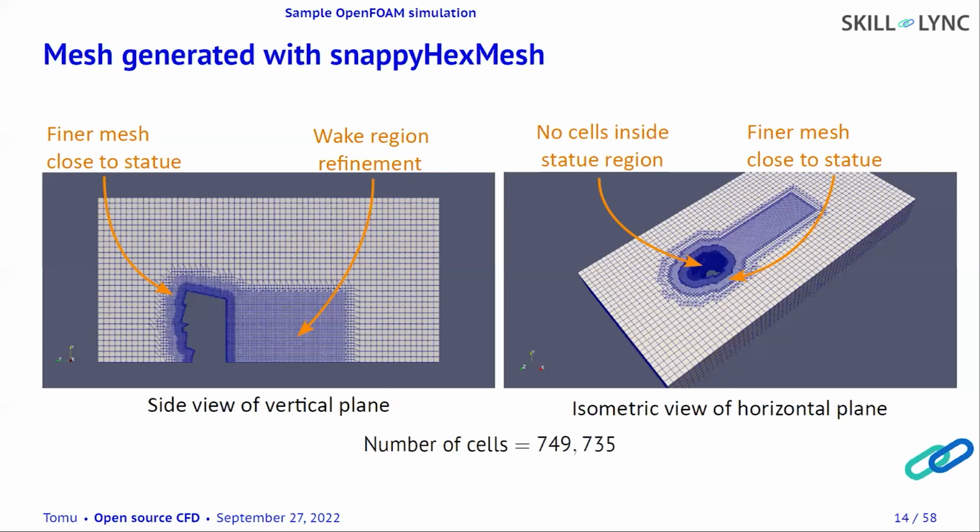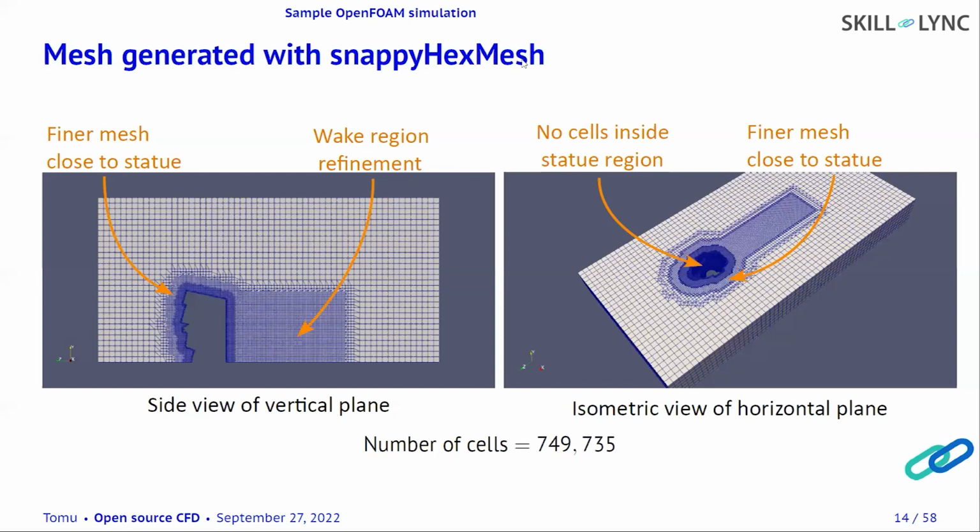The wake region is the region behind the statue, which is one of the most interesting regions of interest in a CFD simulation or a flow simulation. The number of cells here is 7 lakh. After meshing, your CFD domain consists of 7,49,000 cells.